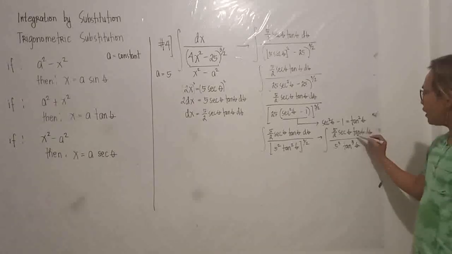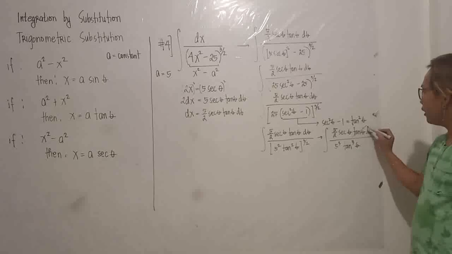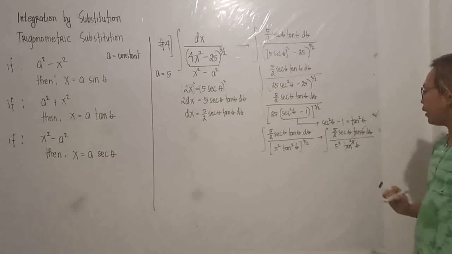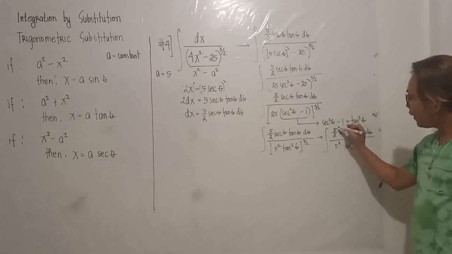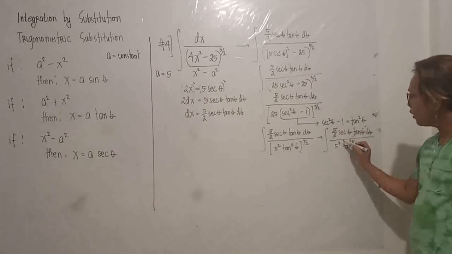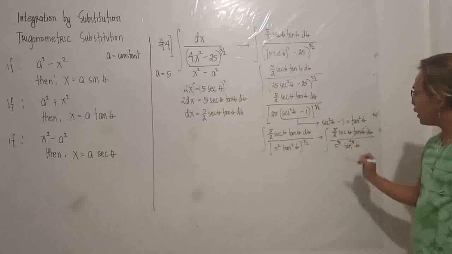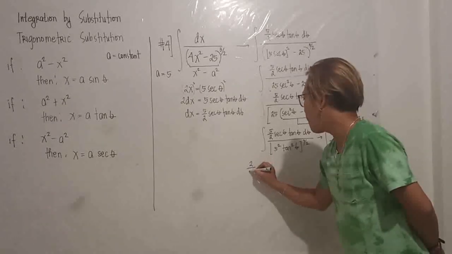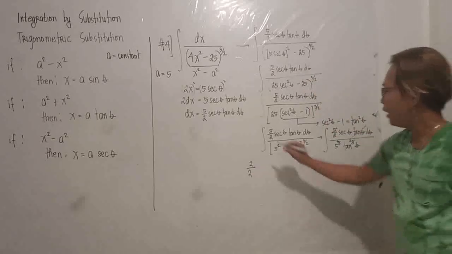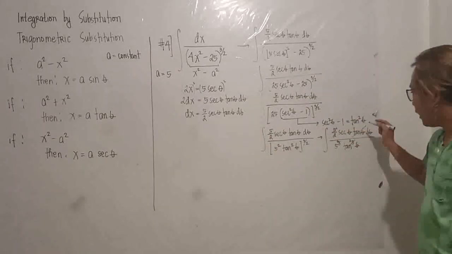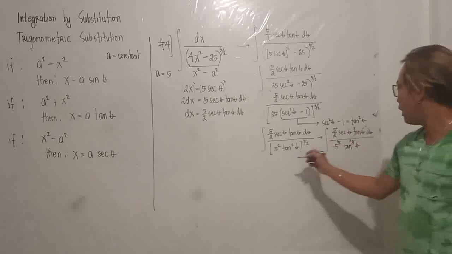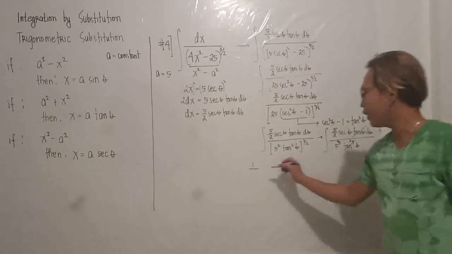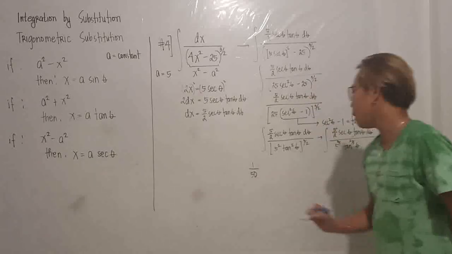Since you have tangent at the numerator, then you have tangent cube at the denominator. This can be tangent squared. Then 5 in the numerator, then you will now have 5 squared at the denominator. So you will now have, sorry for that, you will now have 1 over 2 multiplied by 25, that is 50.